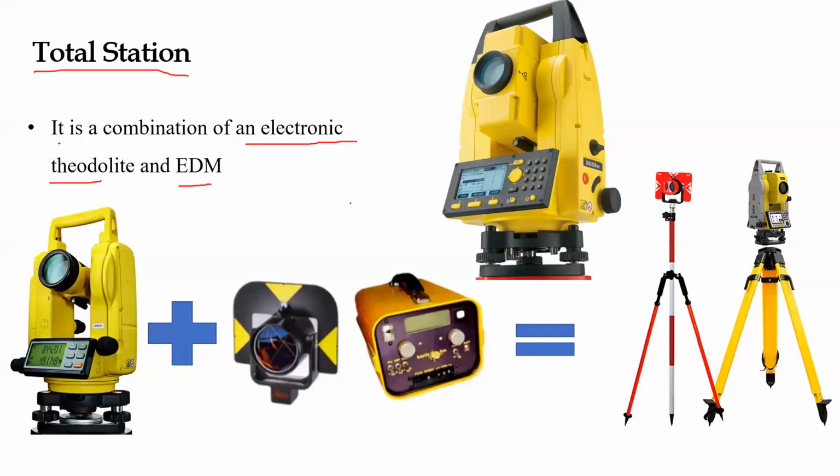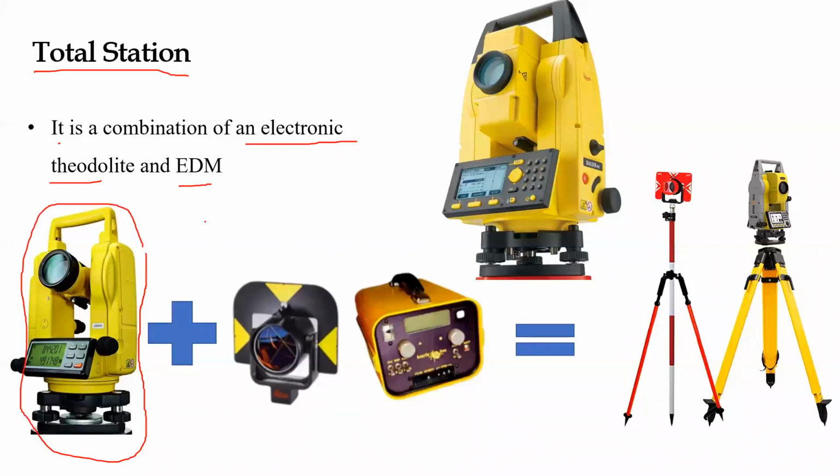What is an electronic theodolite? The one you are using now is your manual theodolite. There, you have to see the readings using a vernier scale. But the basic principle is the same; this is an electronic theodolite.